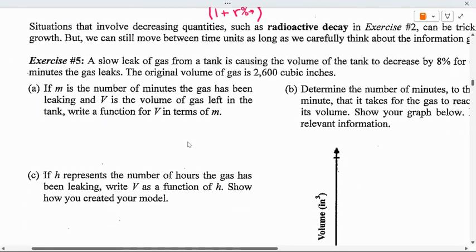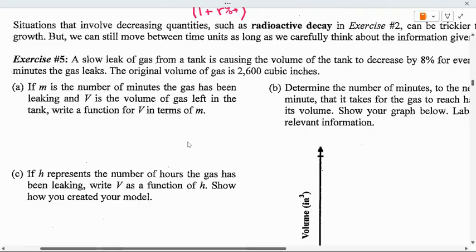A slow leak of gas from a tank is causing the volume of the tank to decrease by 8%. So we have decay. So I know I'm going to do 1 minus 8%, which is 0.08. Are you guys okay with that? Did I confuse anyone on that? Okay. So what is my decay value?